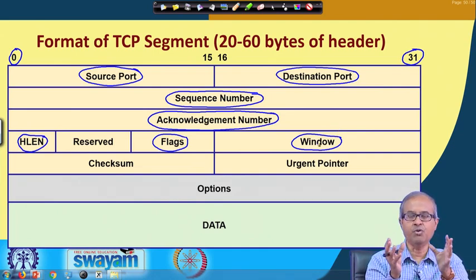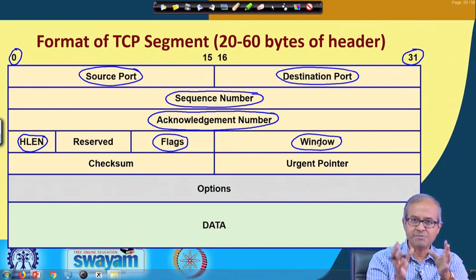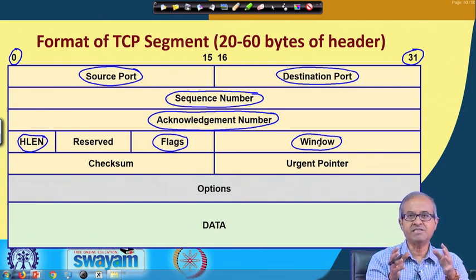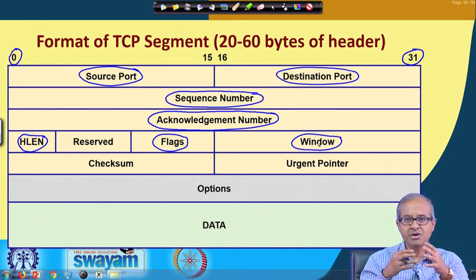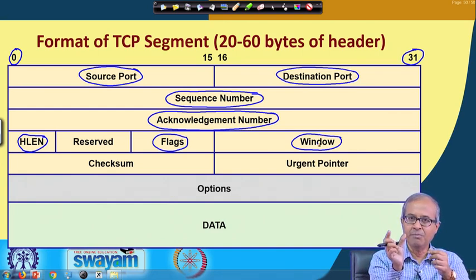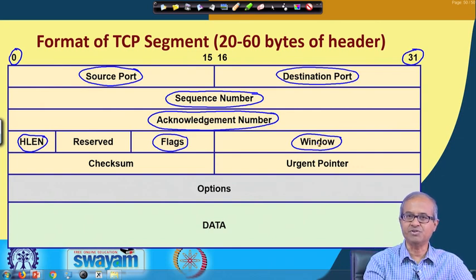So, this window specifies this so called sliding window and is used for flow control. Flow control means the maximum speed of data transmission you can control by changing the size of this window.